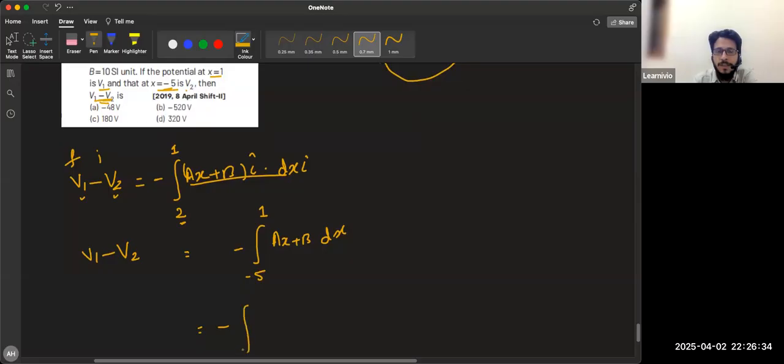Now let's integrate it. If you take a outside, what is the integral of x? x square by 2, limit is minus 5 to 1. Plus b outside, integral of dx, which is x, limit minus 5 to 1.